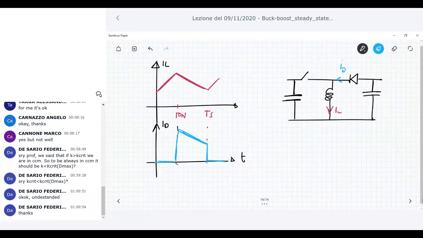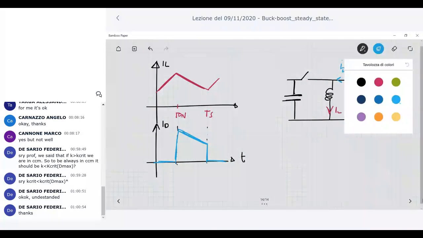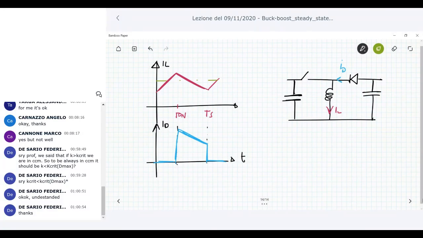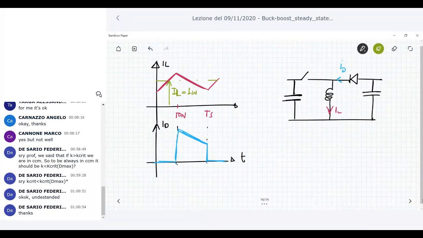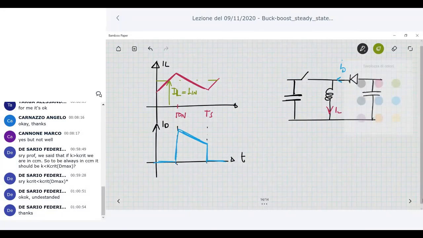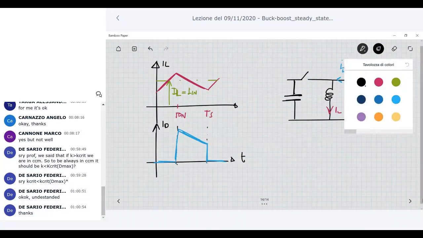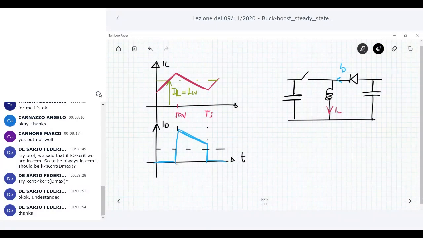And so in that case, what is the average current value? This current is IL, and we know that this is the input current. What can we say about, for example, the average current through the diode?